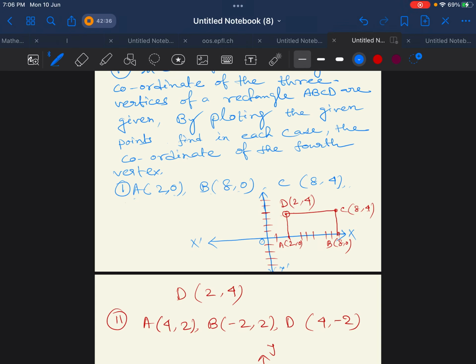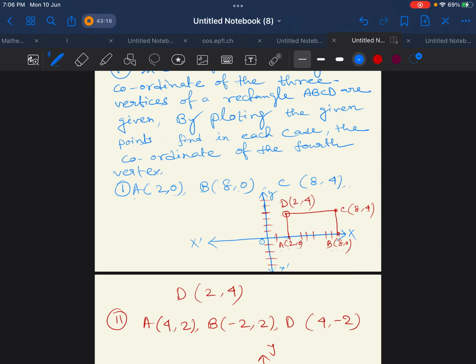First we have to plot a graph with x, O, x dash, and y, O, y dash. So we plot the point A, 2 on the x axis. The value of y is always 0, so it is the point A. Point B is 8, 0. C is 8, 4.